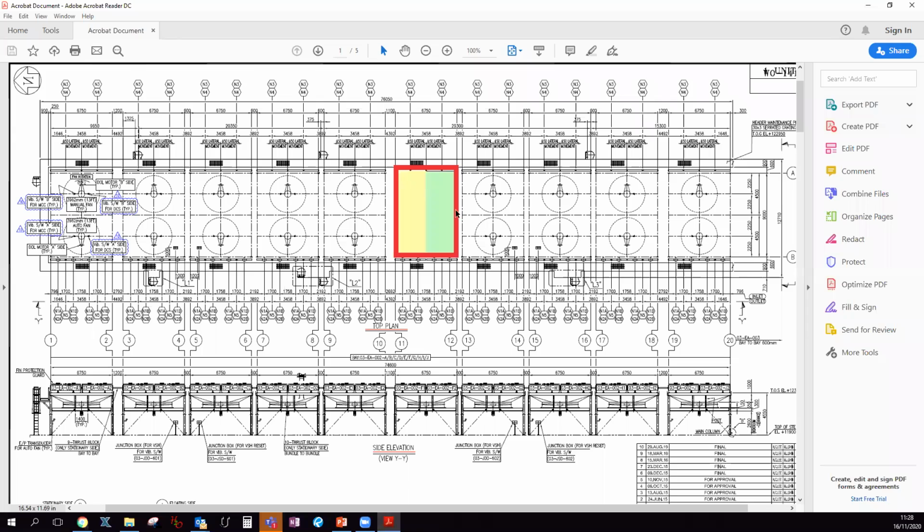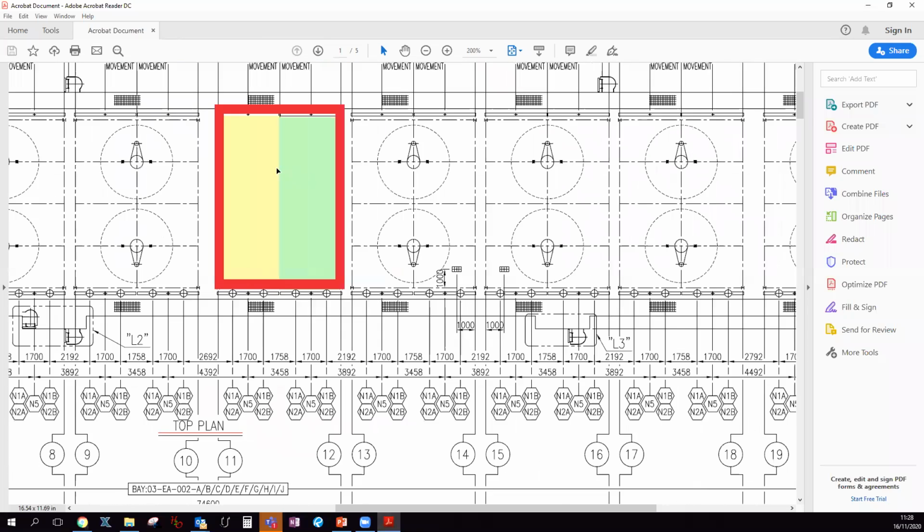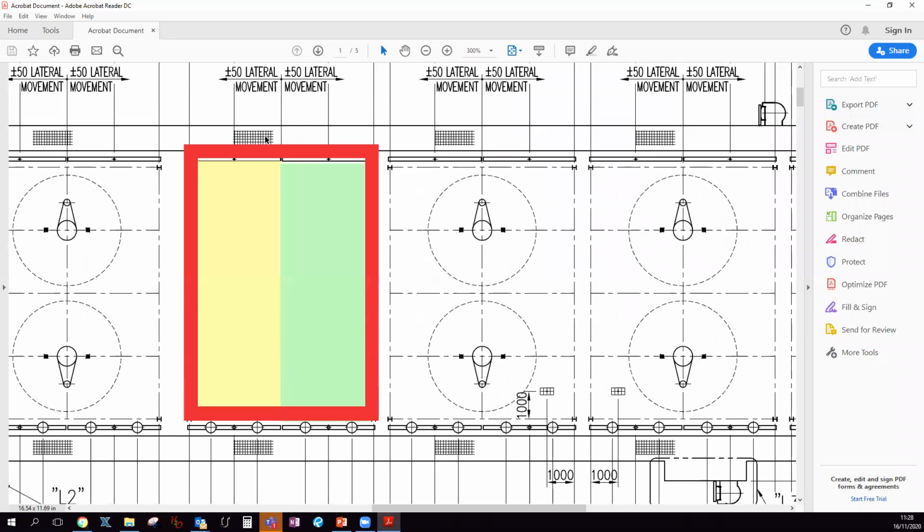This is one bay, and in each bay we have 1 bundle and another bundle. Each bundle has 2 nozzles, and this one 2 other nozzles. In the bay, the 2 bundles share the fans.